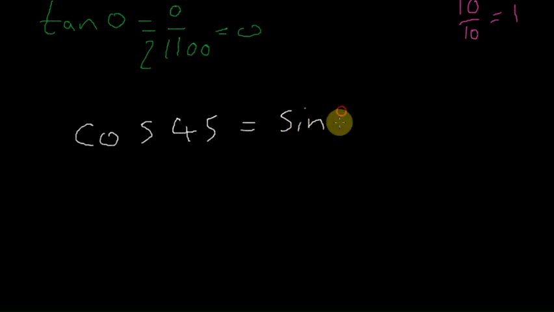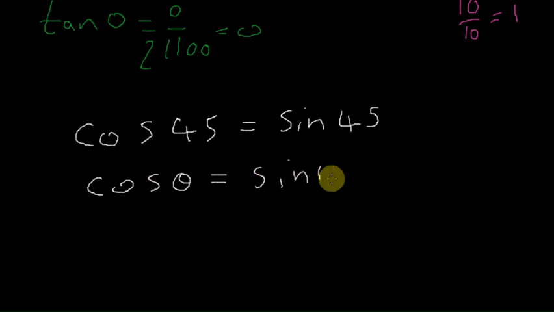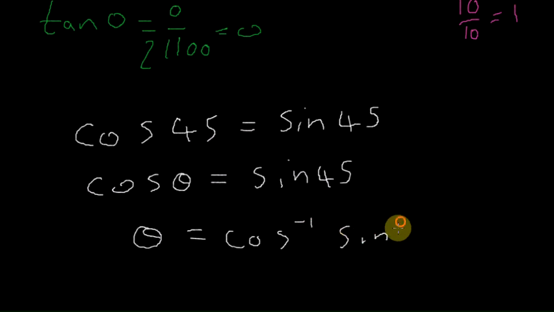That's very interesting. So what if you had cos theta? You didn't know the angle of theta, but you knew the angle of sine. No, that's all wrong. So sine 45 equals cos 45.